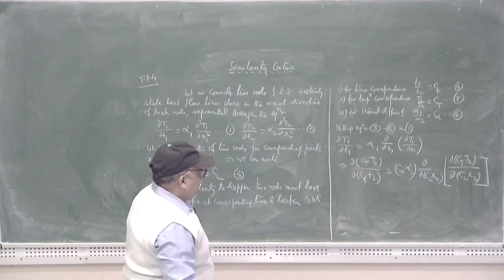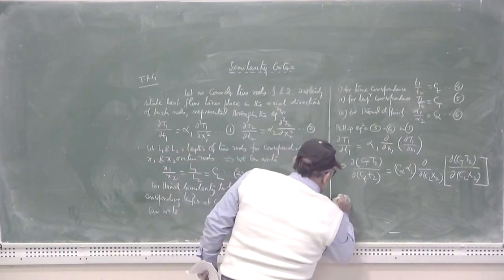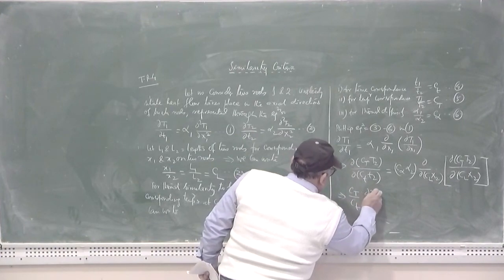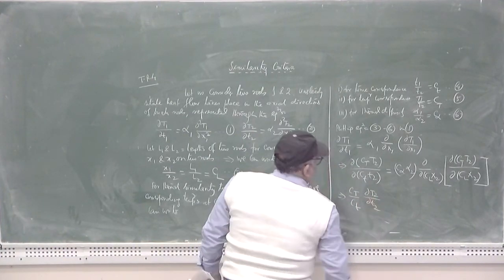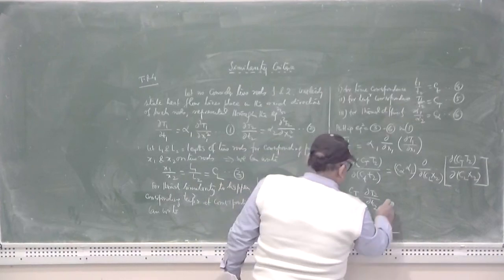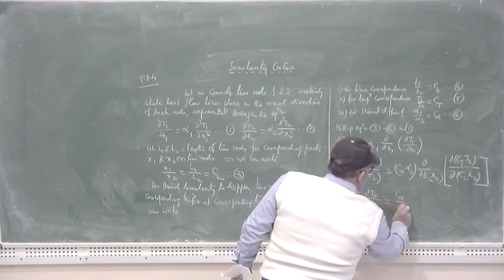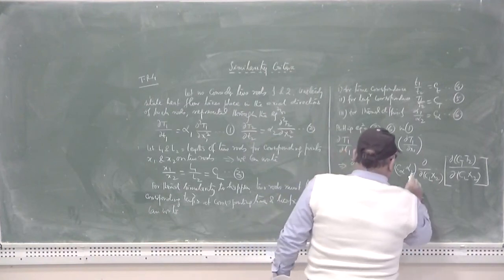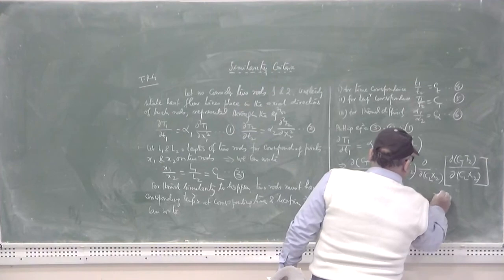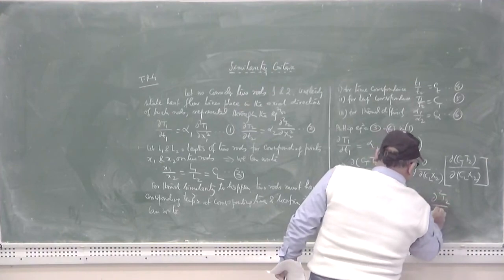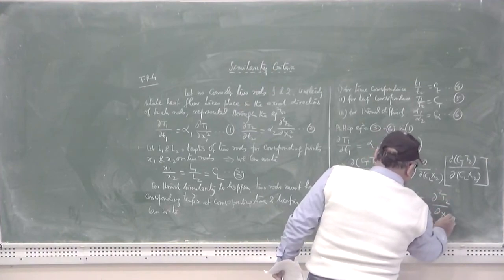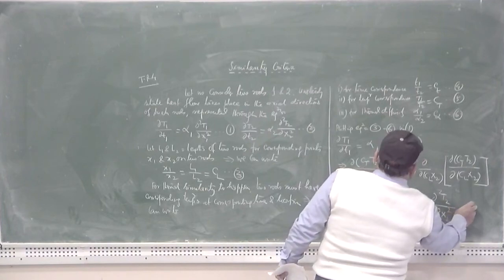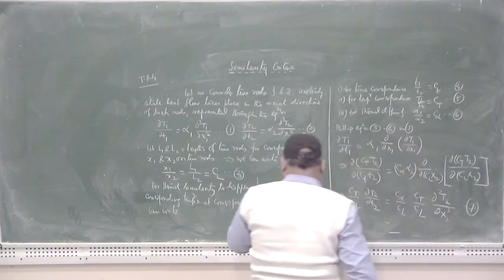Or you can write C_T upon C_t, this should be equal to C alpha by C_l into C_T upon C_l, d2T2 divided by dx2 squared. Let it be equation number 7.